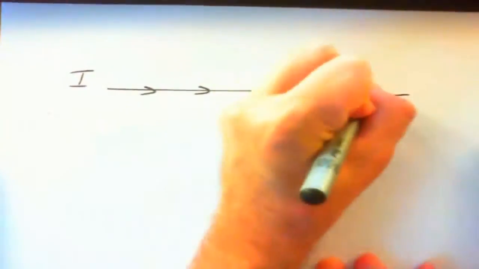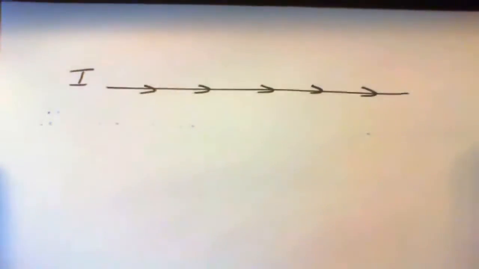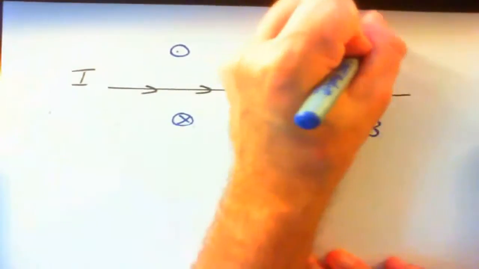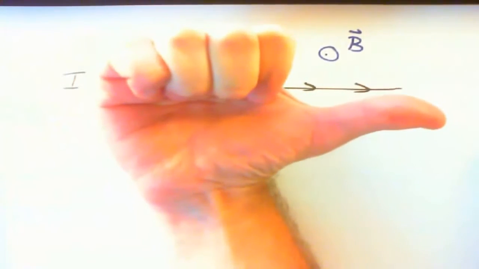Now, how do I know that? Well, there is a rule that tells us the direction of a magnetic field around a current. It's a right-hand rule. You take your right hand and you point your thumb in the direction of the current. And that's the current as we normally think about it, the direction that positive charge would flow.